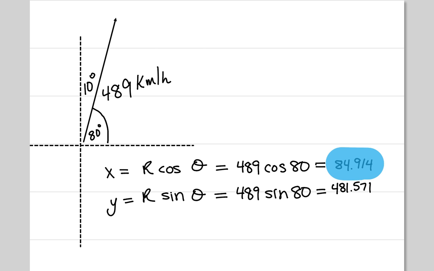This 84 here is the horizontal component of this vector, and the 481 is the vertical component of that vector. So there are the two components for Superman.